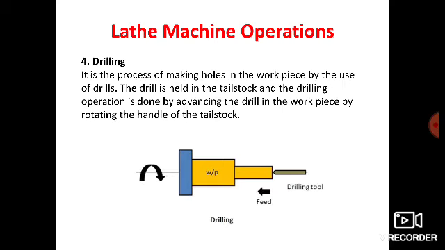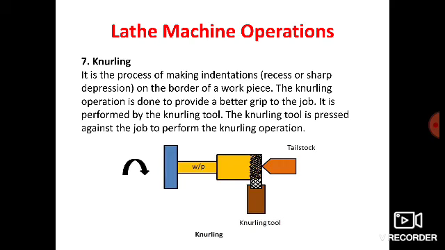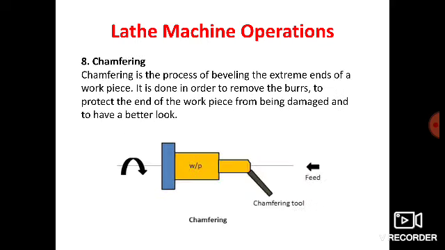Then the drilling, it is a method of producing holes inside the object. After that, knurling. So a special knurling tool is used to generate the pattern over the workpiece for a proper grip. Then chamfering, to remove the sharp edges of the workpiece, we can use a chamfering tool for chamfering purpose.